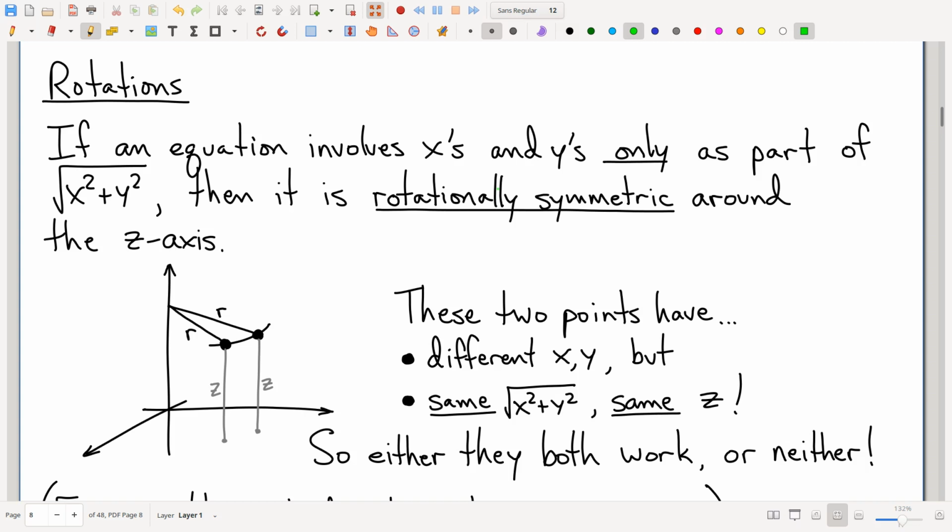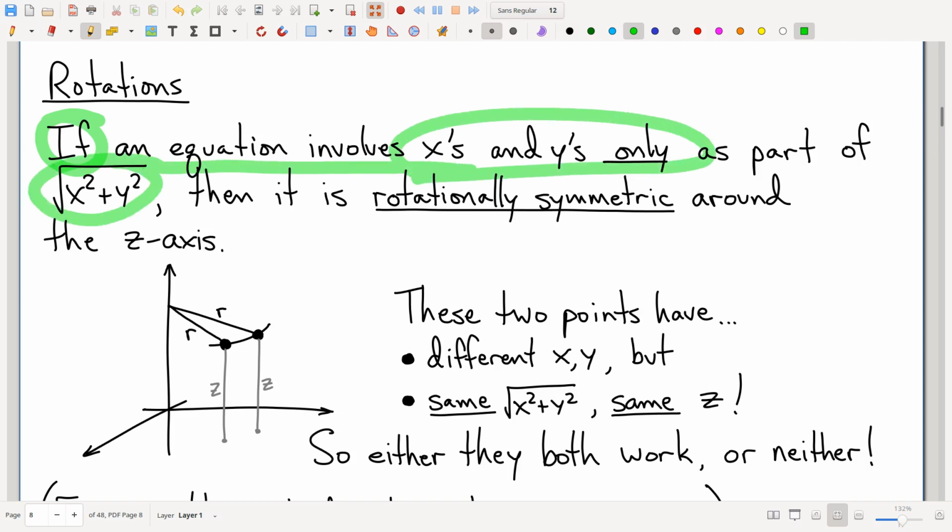And here's the trick. If, and I emphasize if, this will not always happen, but if x and y appear only in terms of this expression, all right, I'll show you some examples in a minute.